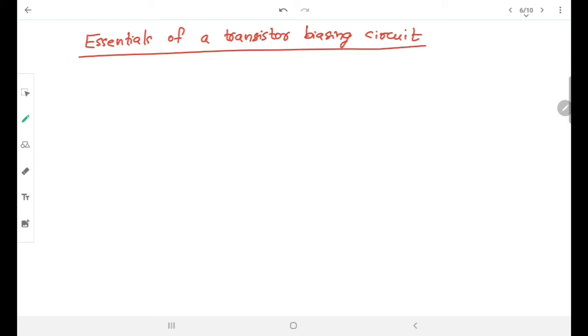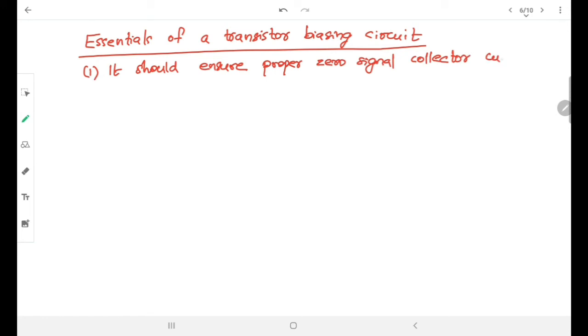We need to remember 3 points. While making a transistor biasing circuit, we have to take care of 3 essential points. First one, the biasing circuit should ensure proper zero signal collector current IC.